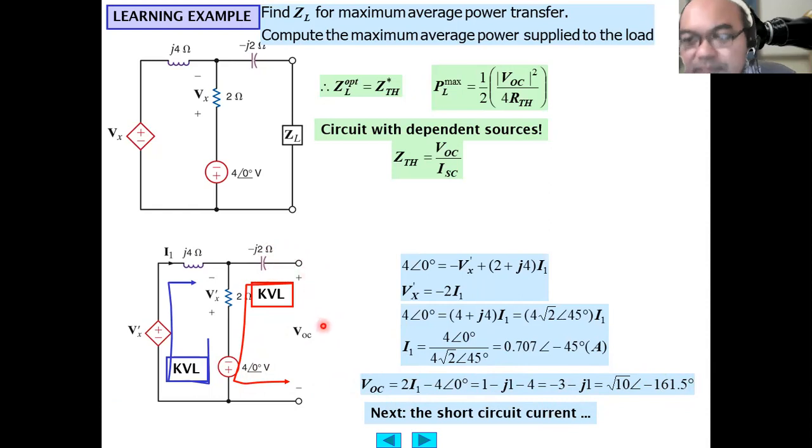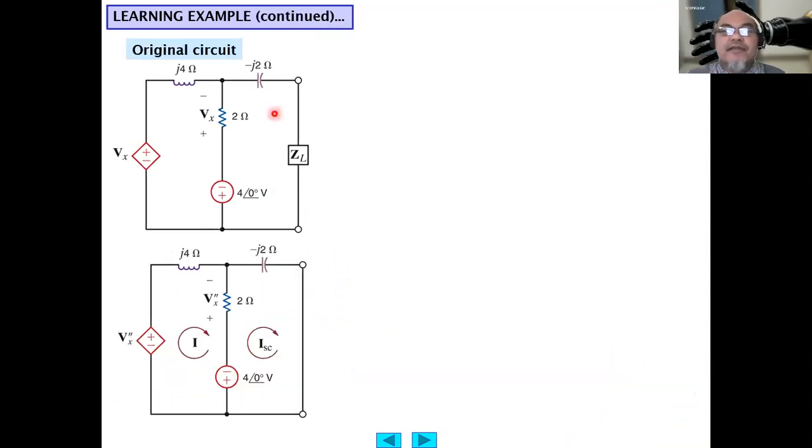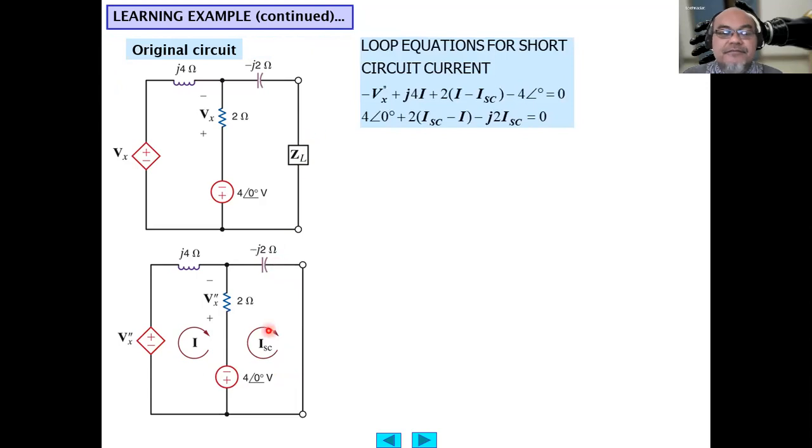Now we need to find the short circuit current. This is the short circuit at the load, and we have to find this ISC. We use loop analysis with Kirchhoff's voltage law. In this part, minus Vx'' plus j times 4I plus 2 times (I minus Ic), minus 4 volt with phase angle of 0 degrees equals 0.